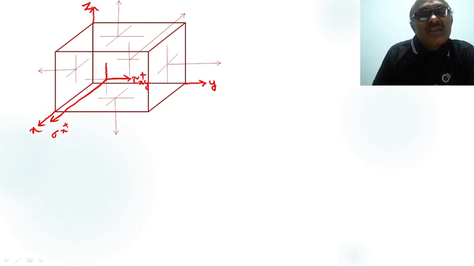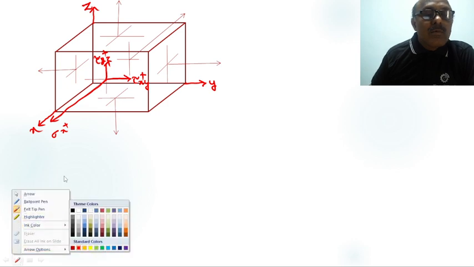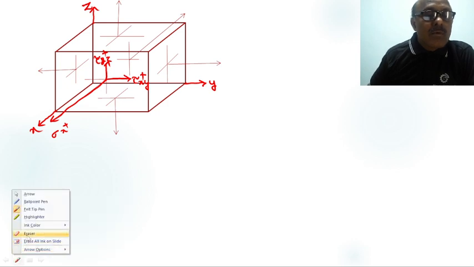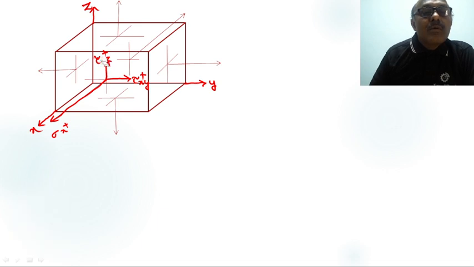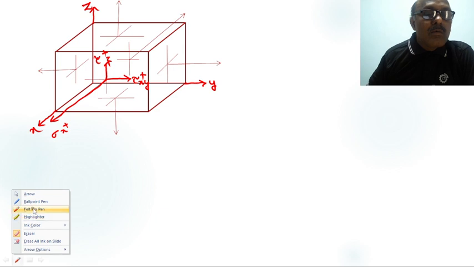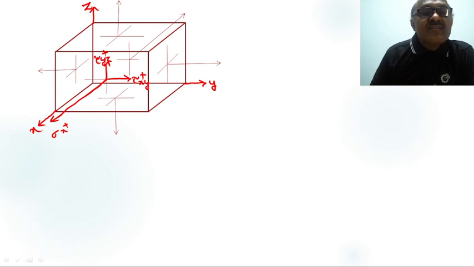Now this one is tau yz plus. Again, this direction stress is sigma y plus, because it is a positive y face, a positive z face, a positive x face.